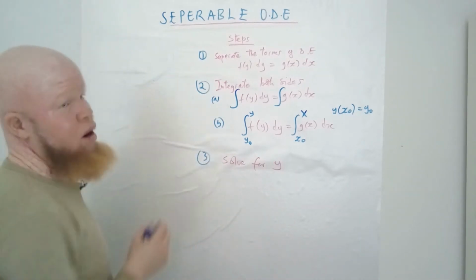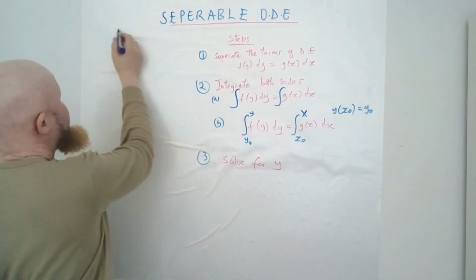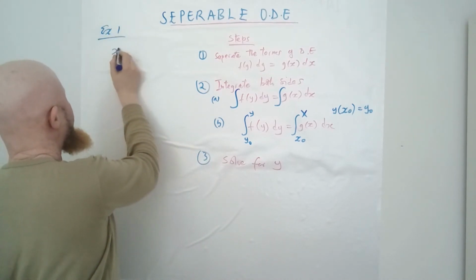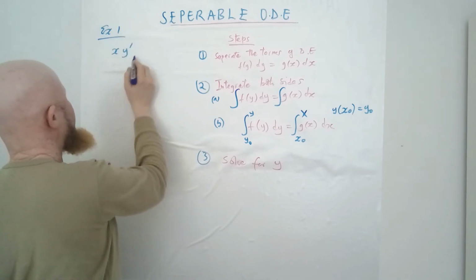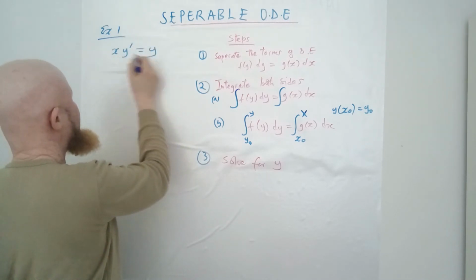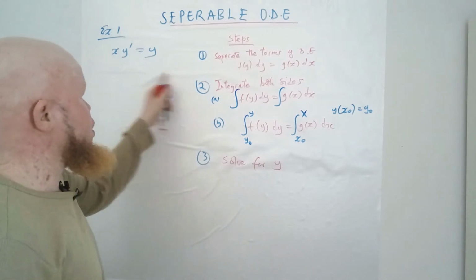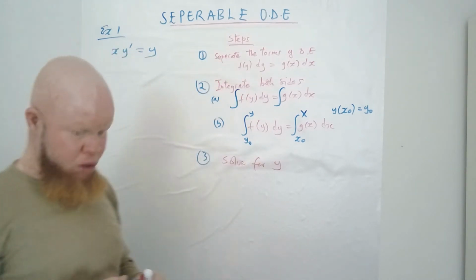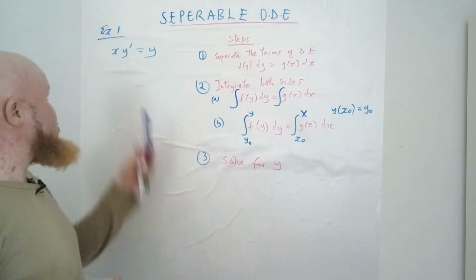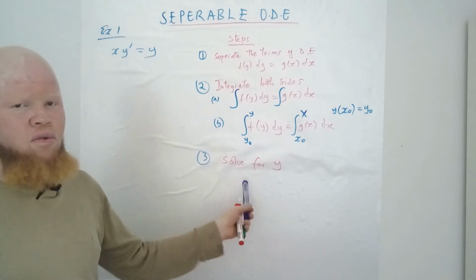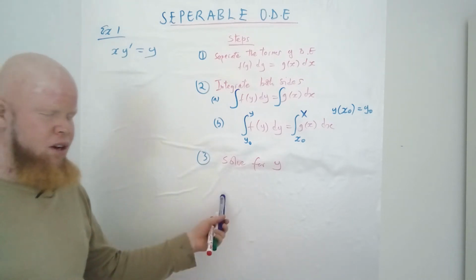Our first example will be example 1, and it will be x y prime equals y. You have to solve this following the steps. You can pause the video and attempt it and see if you can find the solution.